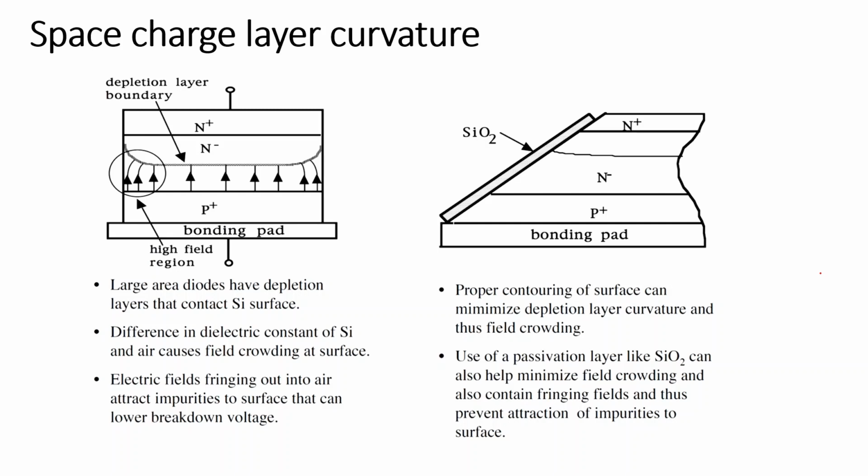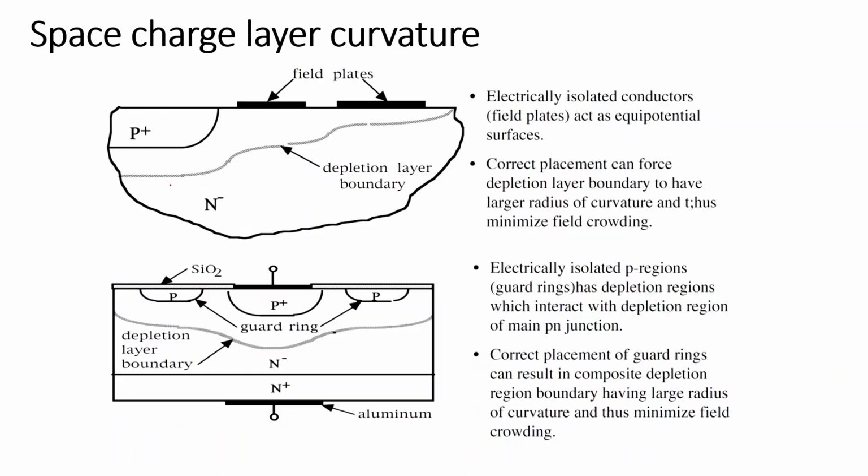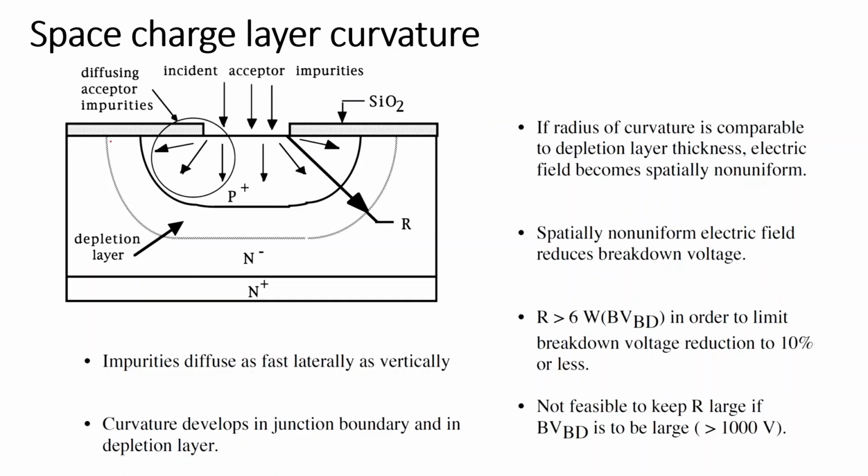Then there is another problem with the construction of a power diode, that if the area is large, then depletion layers may contact the silicon surface here. Because of this large area, sometimes the depletion layer contacts the silicon surface, and what happens then, I am talking about this depletion layer.